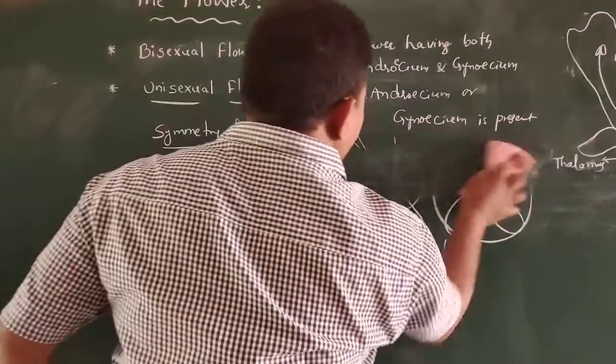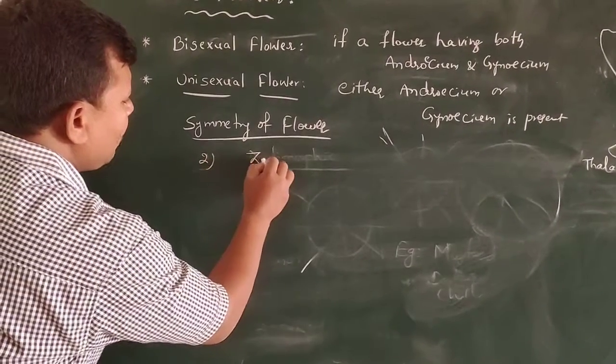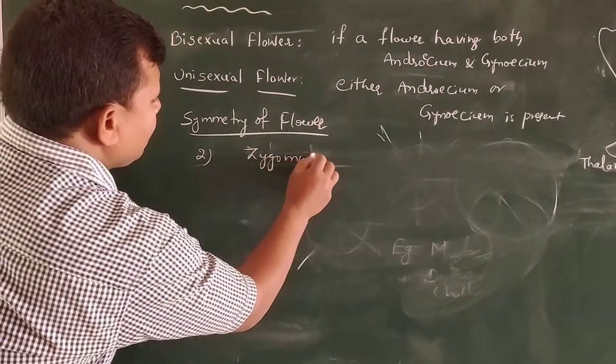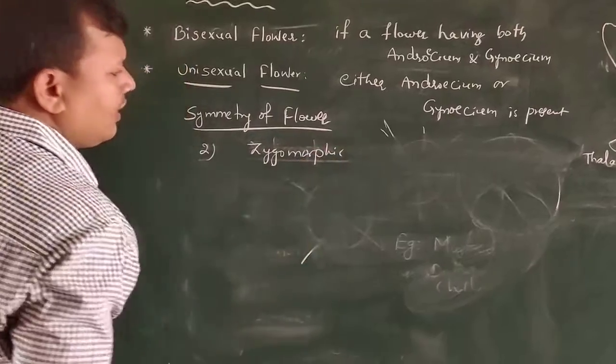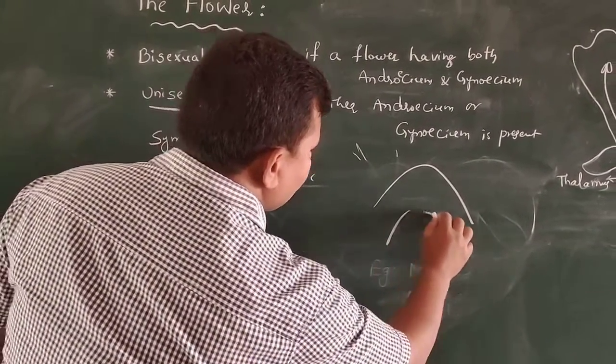And the next one is the zygomorphic. The second one is the zygomorphic flower. The zygomorphic flower normally looks like this.